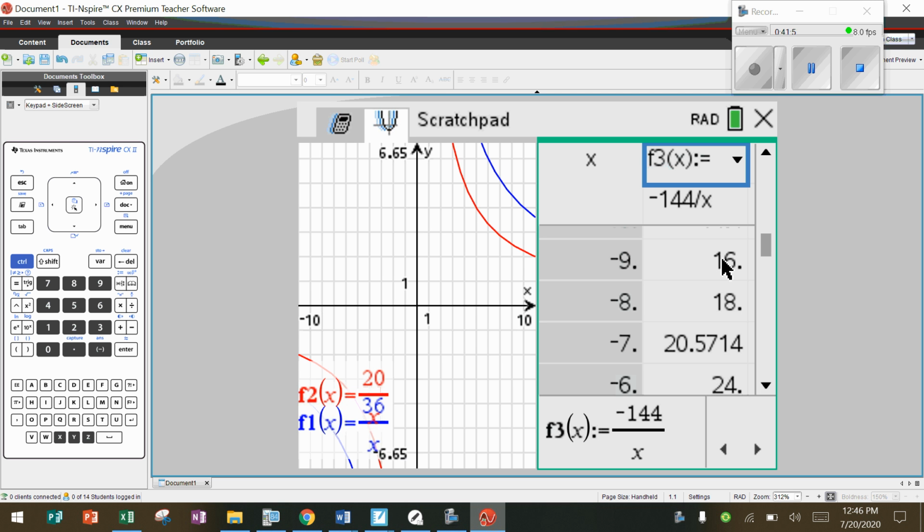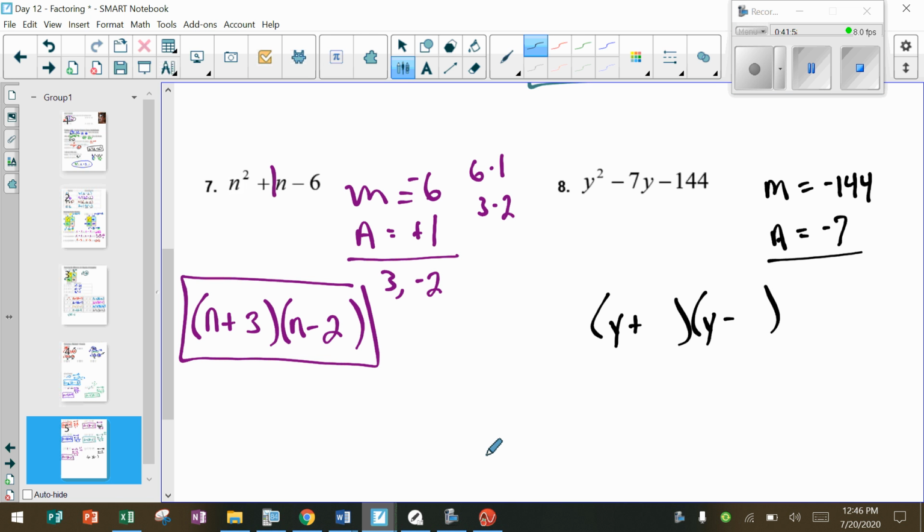So then if I just switch the signs, I would get the negative 7. So back over to my work, that means I need a positive 9 and the negative 16. 9 times negative 16 is negative 144. And then 9 minus 16 is the negative 7.